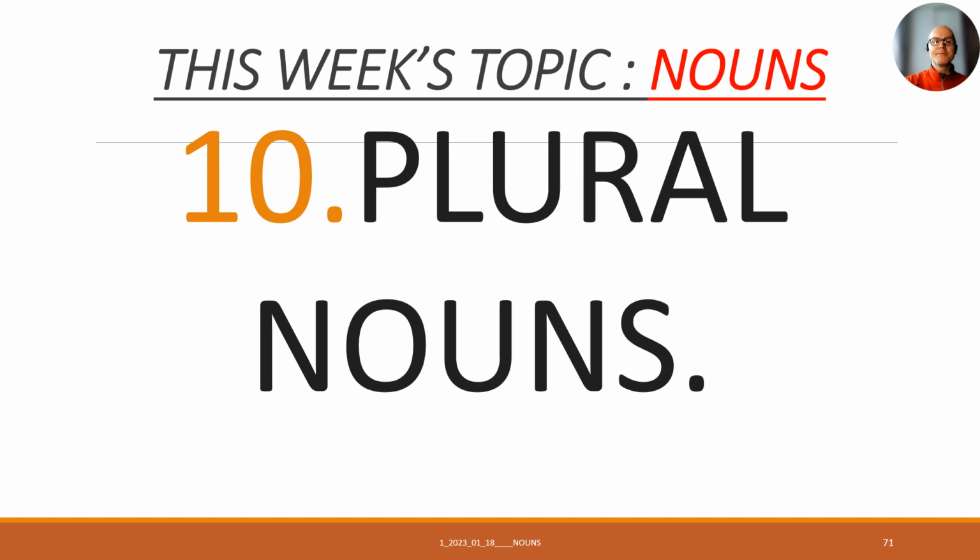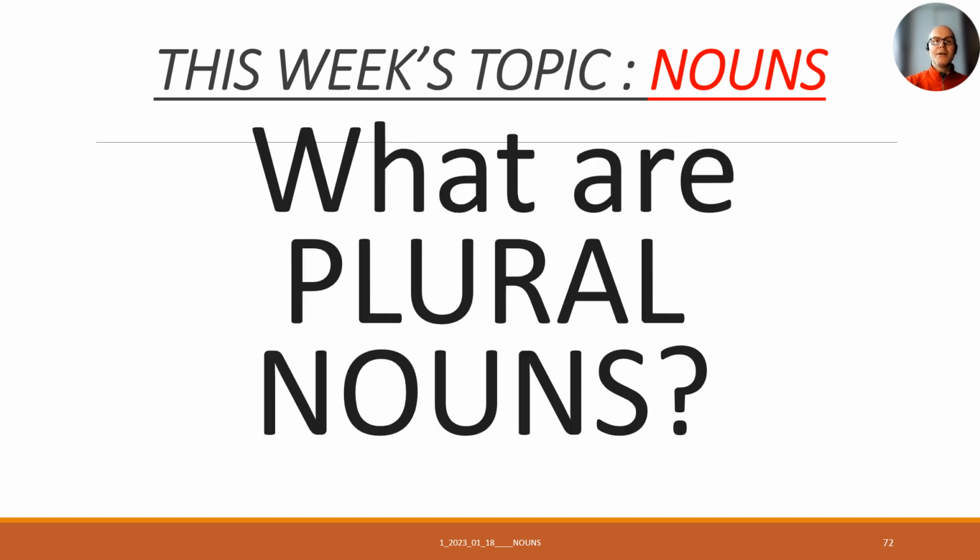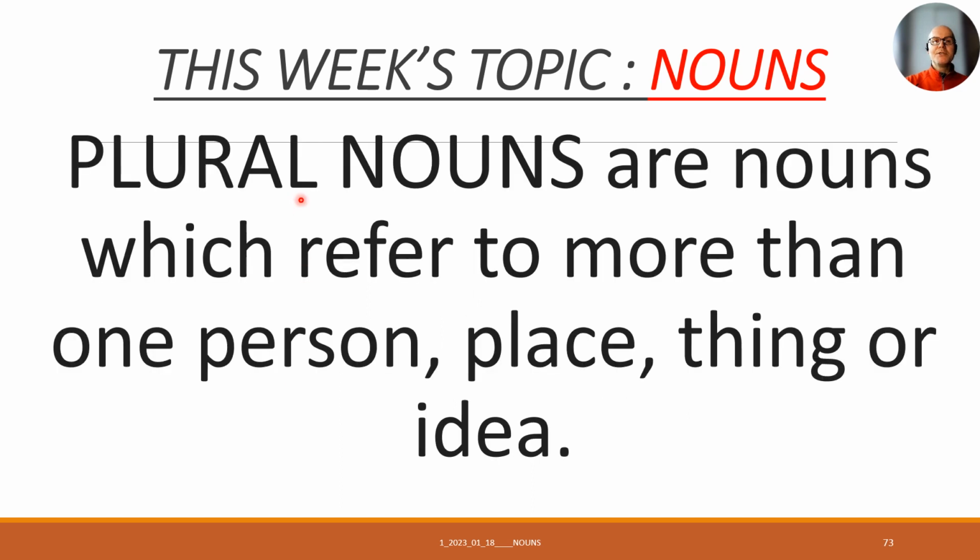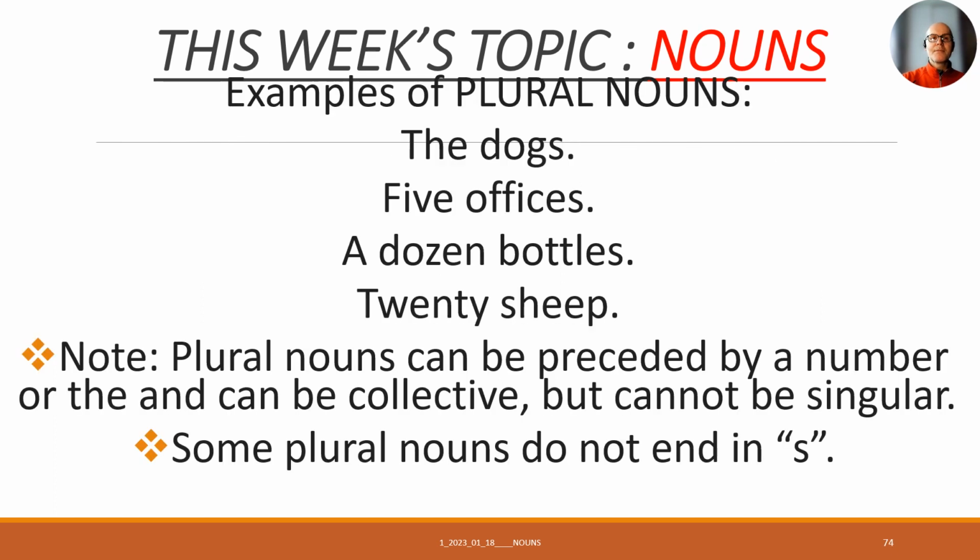Plural nouns. What are plural nouns? Plural nouns are nouns which refer to more than one person, place, thing, or idea. Some examples of plural nouns: the dogs, 5 offices, a dozen bottles, 20 sheep.